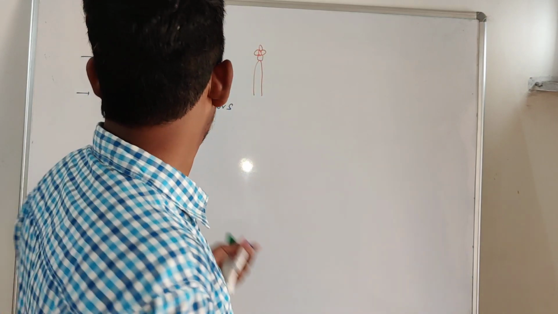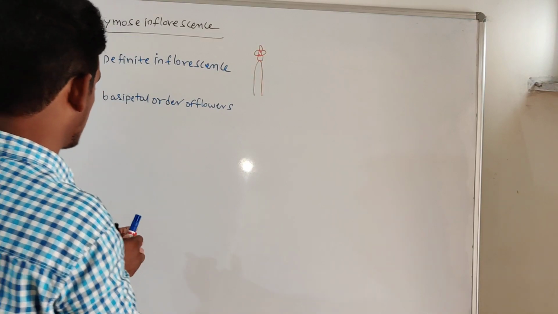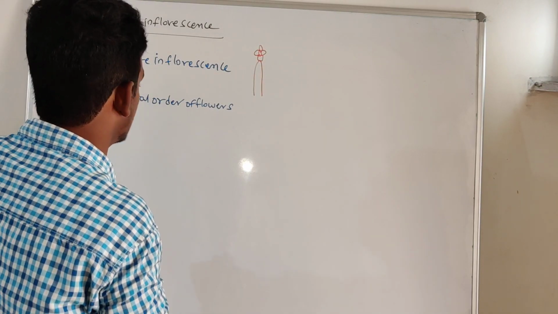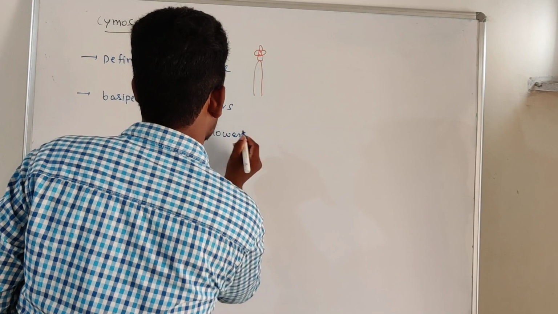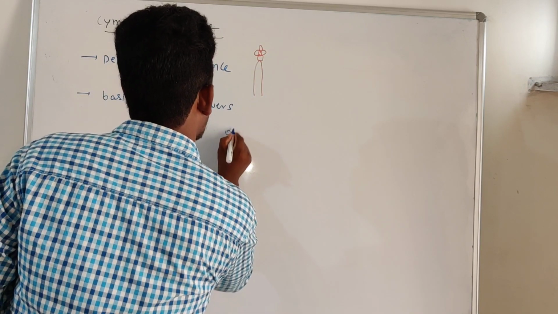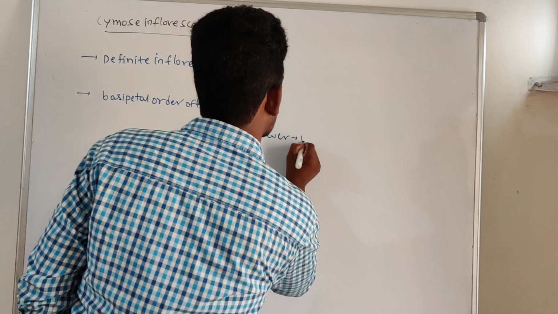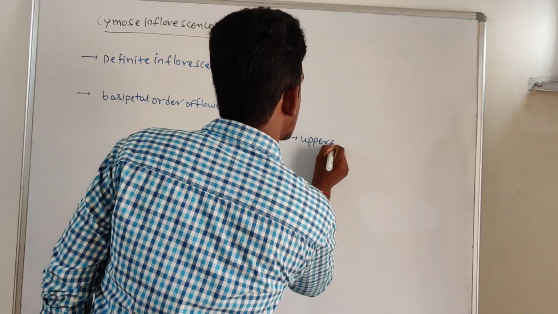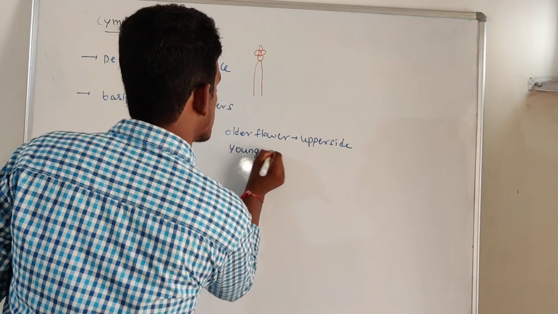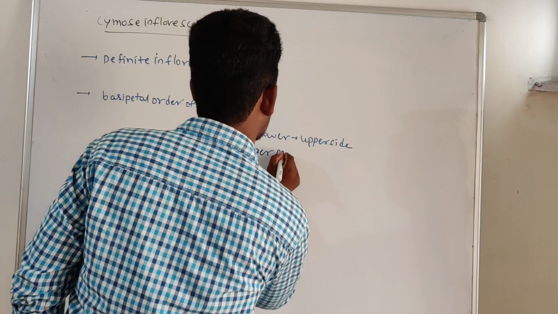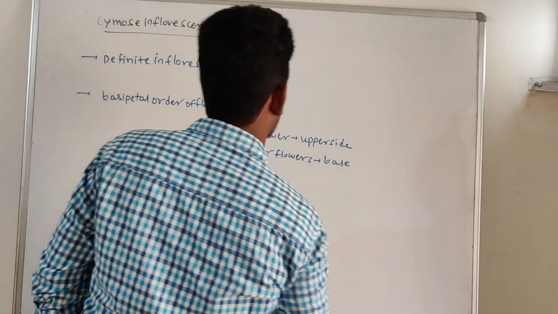In basipetal order, the older flowers are present towards the upper side, and the younger flowers are present towards the base.